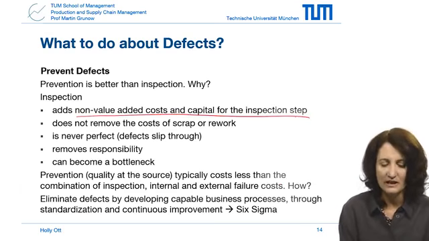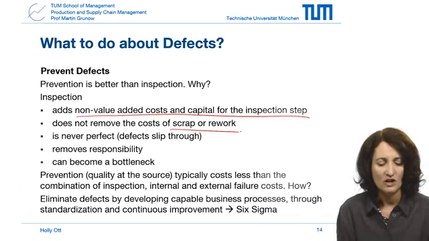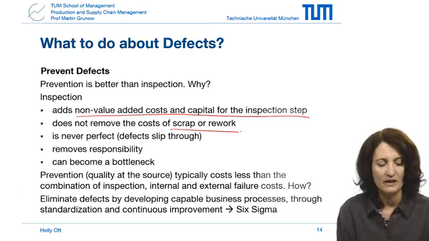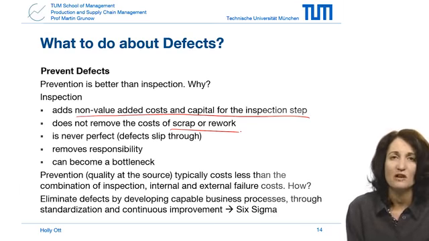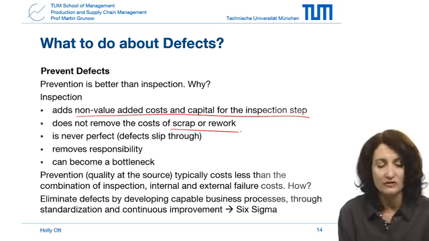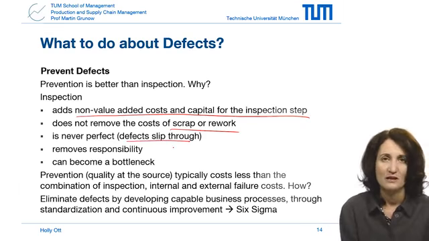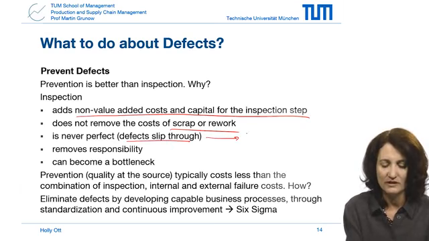And of course, you still end up with scrap or rework costs, rather than having prevented the defects all the way at the beginning. And inspection is never perfect. As we were talking about the external failure costs, some of those defects may slip through, and that can then lead to very large problems when the defects get out into the field.